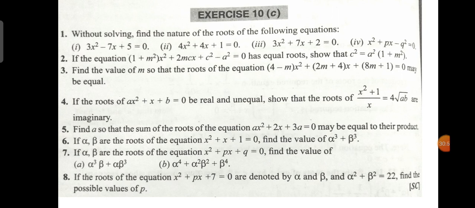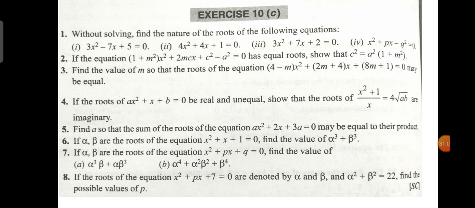In this exercise the questions are regarding the sum and product of the roots, and also formation, how to form a quadratic equation. How will you form quadratic equations?